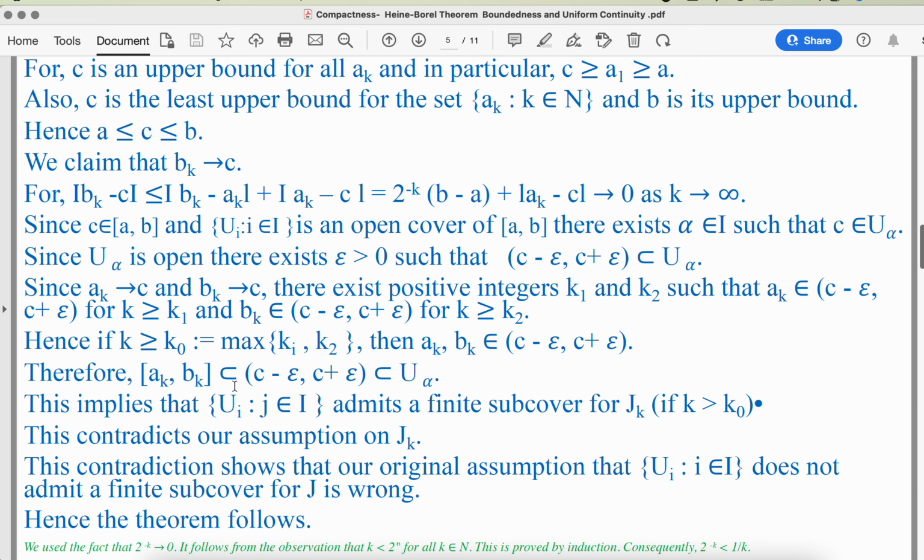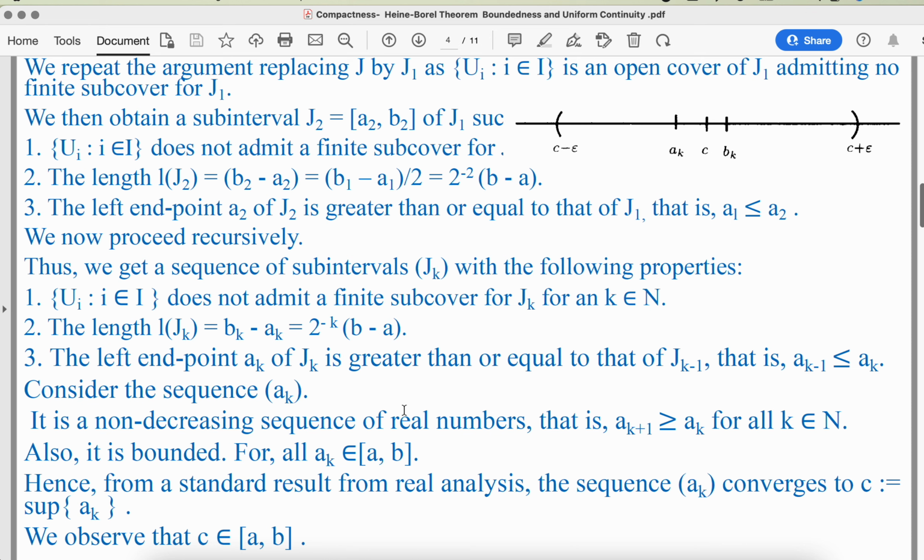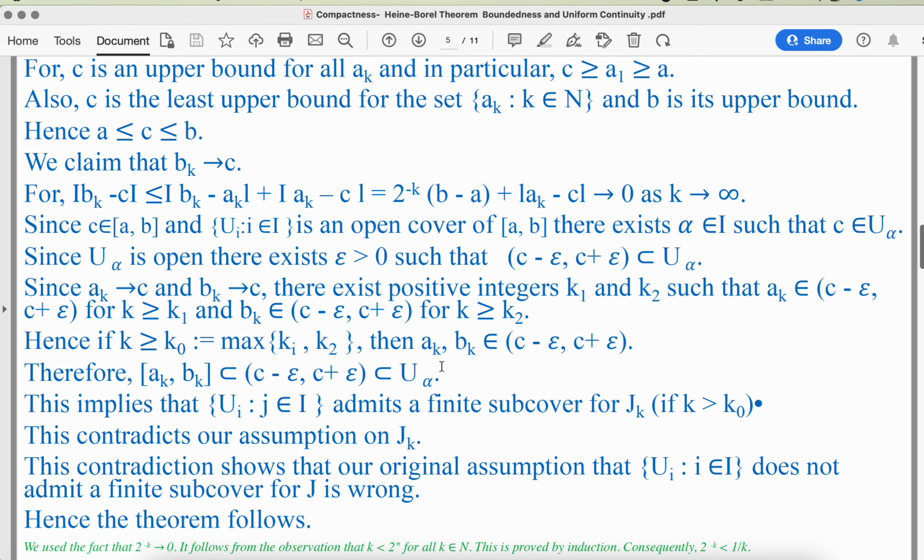It means this set U alpha admits a finite subcover for Jk if k is greater than or equal to k naught, but this contradicts the assumption on Jk, because here it is mentioned that this open cover does not admit a finite subcover for Jk for k belonging to N. So here we get the contradiction.